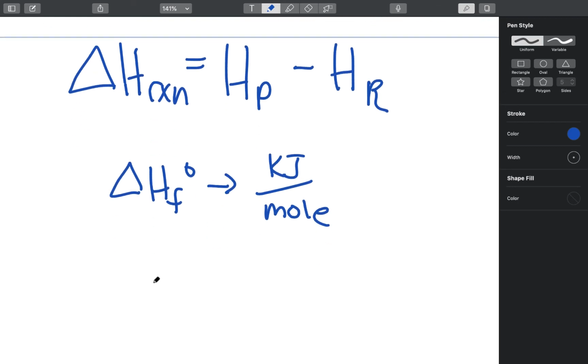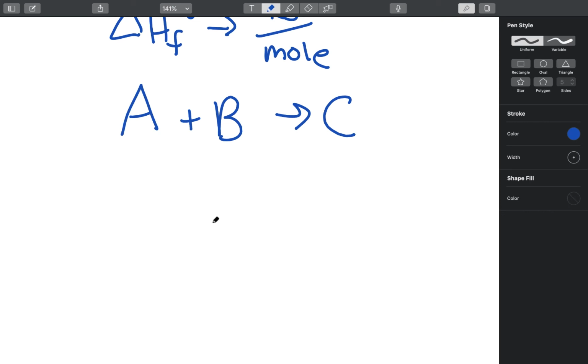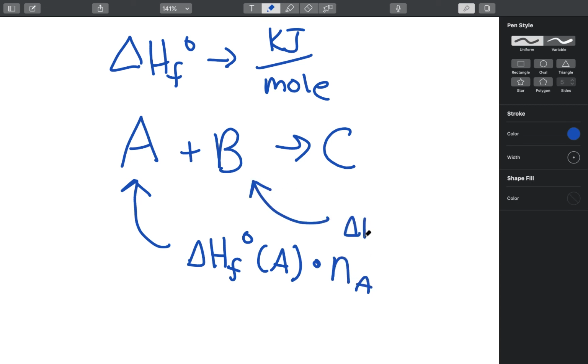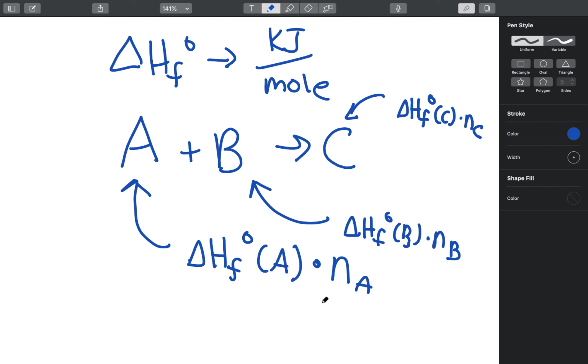So for example, if you had A plus B going to C, in order to get the heat of reaction from this and the different enthalpies for the products and the reactants, what you would have to do is find the standard enthalpy of formation or heat of formation for A and multiply it by the number of moles of A. You'd have to do the same for B and C. So if you multiply the standard heat of formation by the number of moles of that particular substance, you will get a unit of energy, or kilojoules.